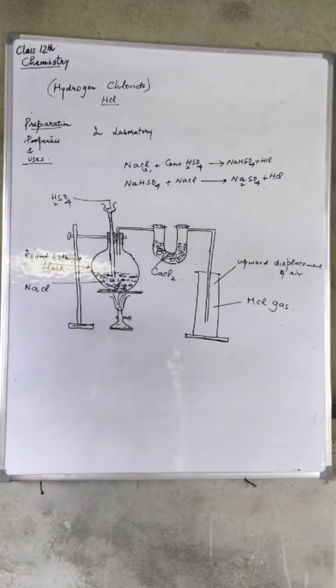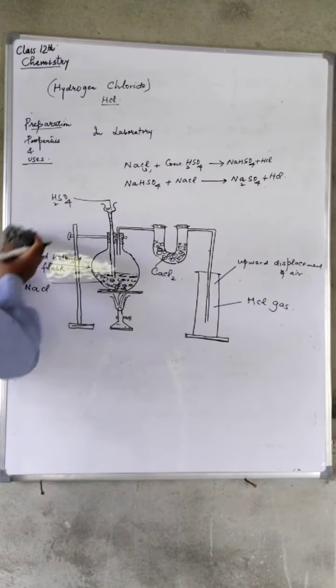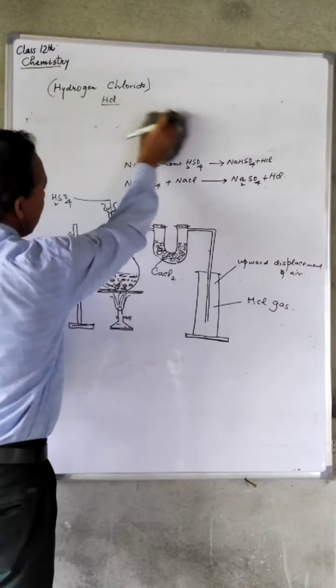Now, manufacture of HCl. How do we manufacture HCl, or prepare HCl on the large scale?